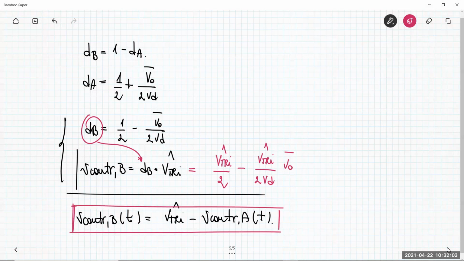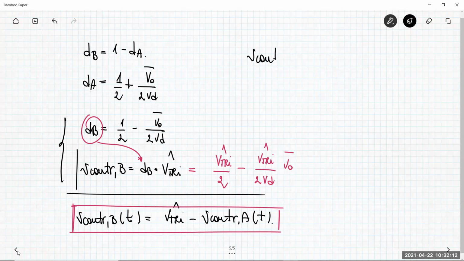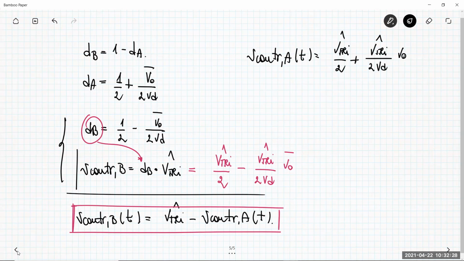So basically I found out that V control A is V triangular peak divided by 2 plus the V naught term, and V control B can be derived as V triangular peak minus V control A of t.